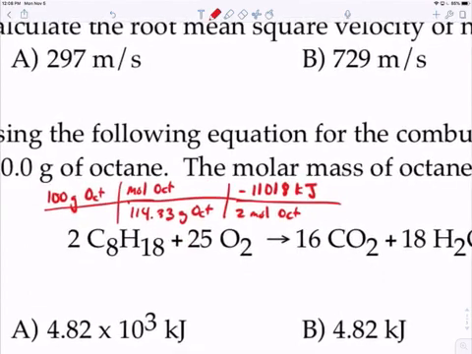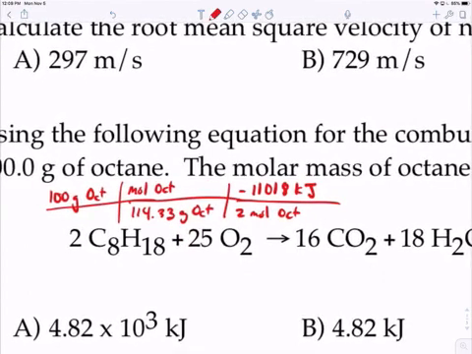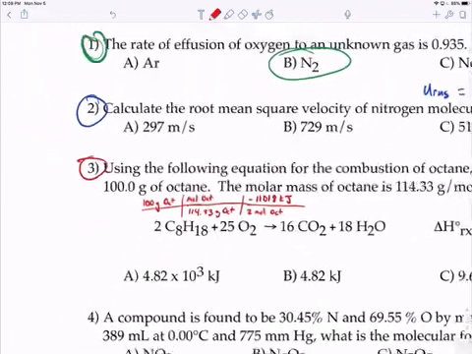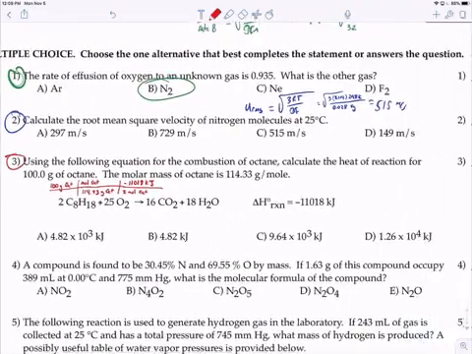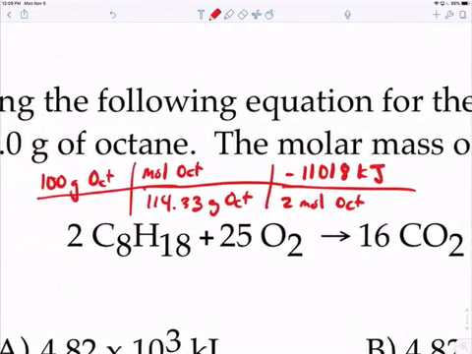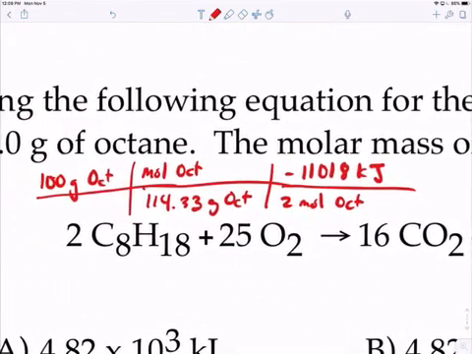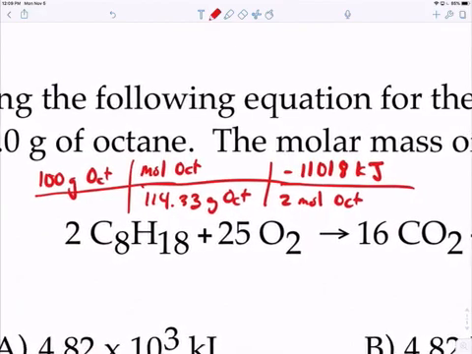And the last step, this negative 11,018 kilojoules, oh, this is all positive. Oh, it should be negative. This value for the heat of reaction, but there's a 2 here for the octane. So that's why I put the ratio of 2 moles octane. Questions with the setup?